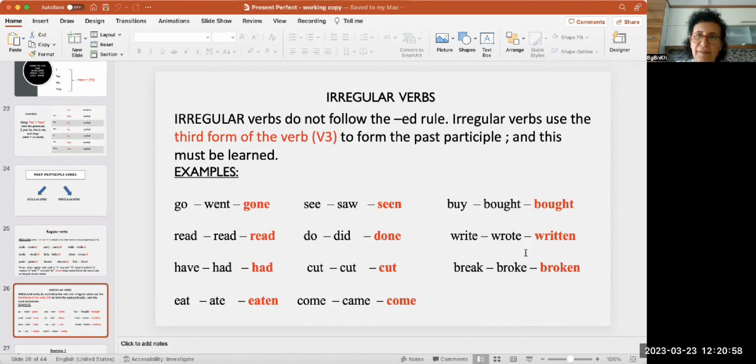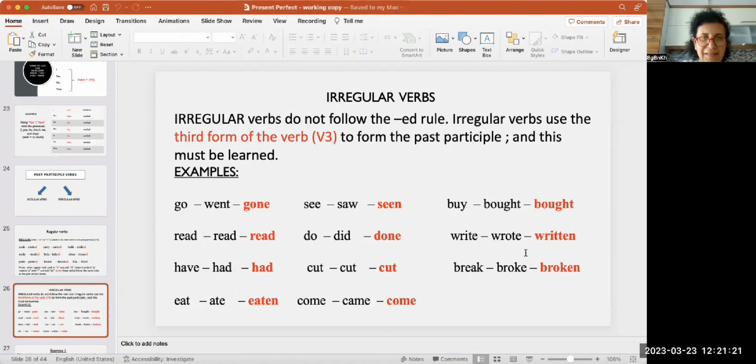You have to learn them. So, for example, go. The second form is went, and the third form is gone. Gone. You have to learn it. There's no magical formula for it.